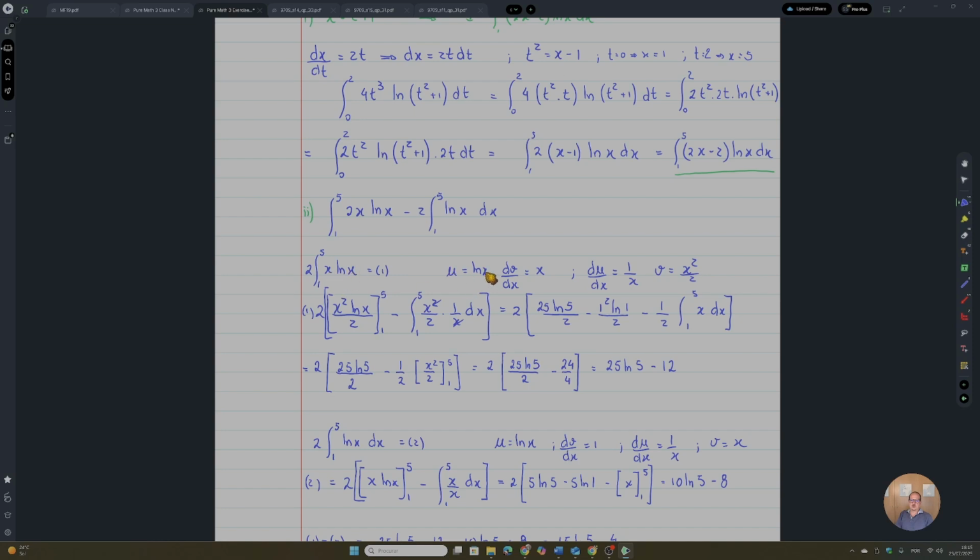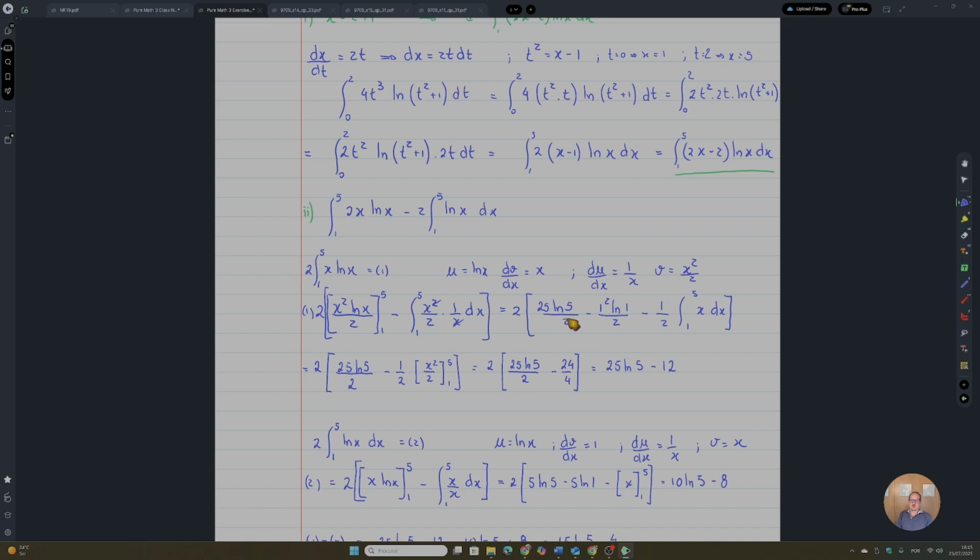I used u as natural logarithm of x and dv/dx as x. I get then the du/dx and the value of v. I apply here the integration by parts rule, and I can never forget the 2 that I have over there, right? So u times v minus the integral of v du/dx times dx.